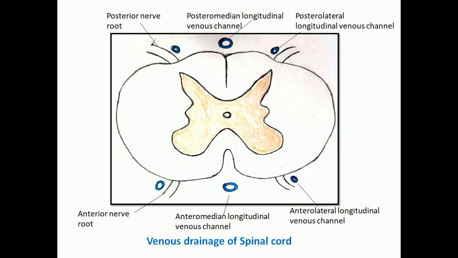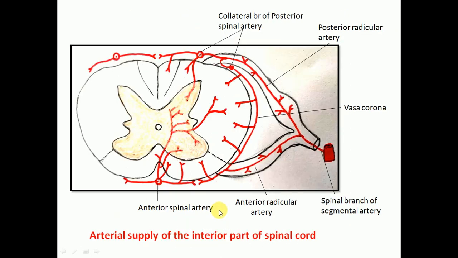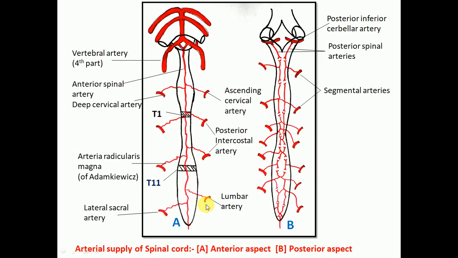Next to this, venous drainage of the spinal cord. Before venous drainage, one thing I forgot, that is at the level of T1 and later on at the level of T11 there is a larger segmental artery that can be seen, called the arteria radicularis magna. It is the larger one out of all these segmental arteries. So that can be seen at the level of T1 as well as T11.